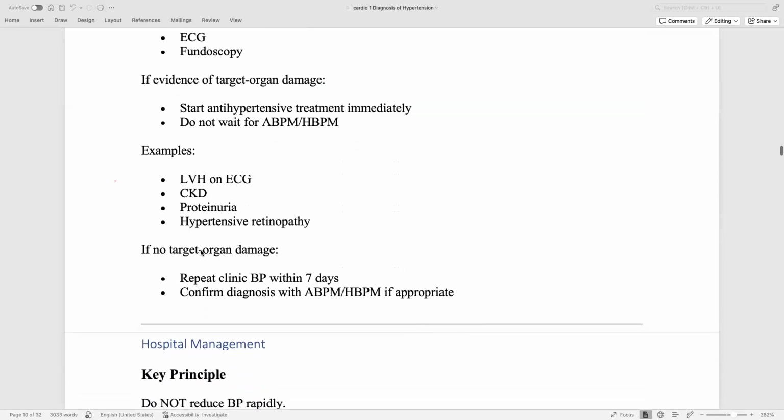If there is no target organ damage, maybe he's just having the blood pressure now. Maybe he's having recreational drugs. Maybe white coat hypertension. He's in a stress situation. Whatever, maybe anything.